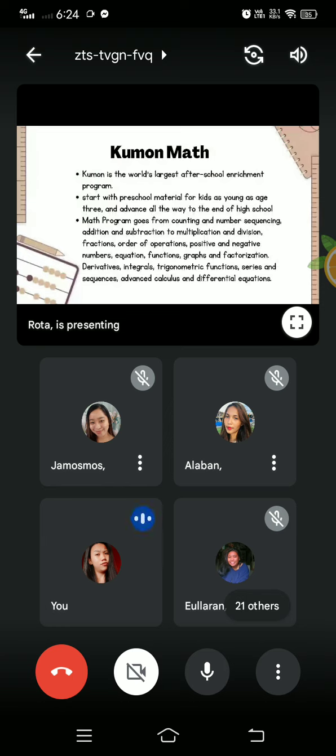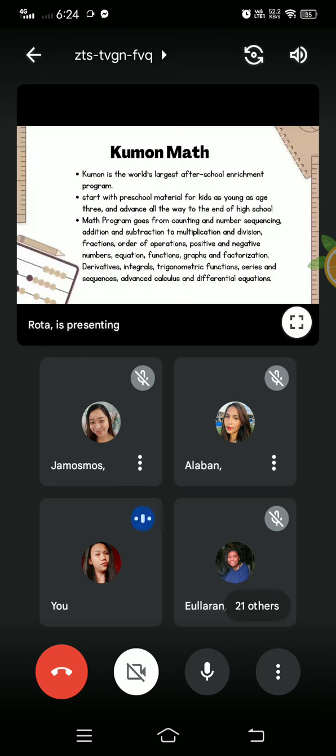Okay, now let's move on to Kumon math. The Kumon math program is the world's largest after-school enrichment program. The Kumon math program starts with preschool material for kids as young as age 3 and advances all the way to the end of high school.